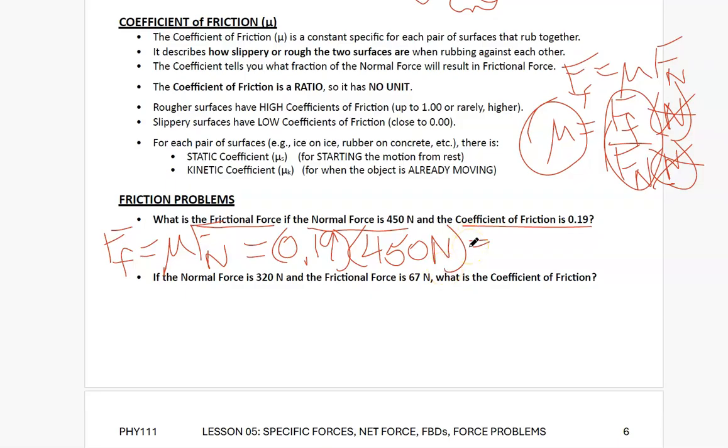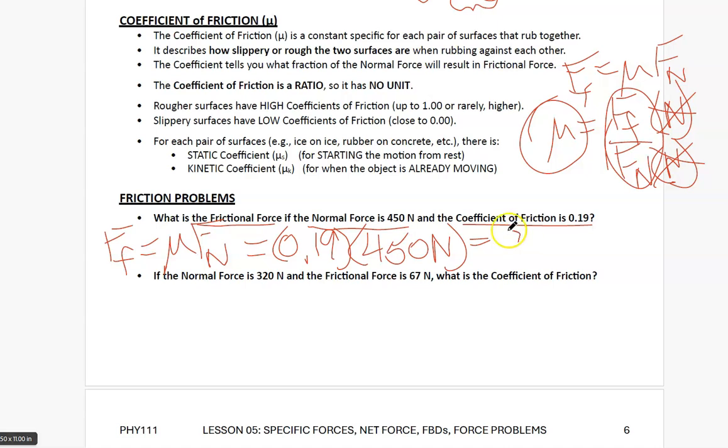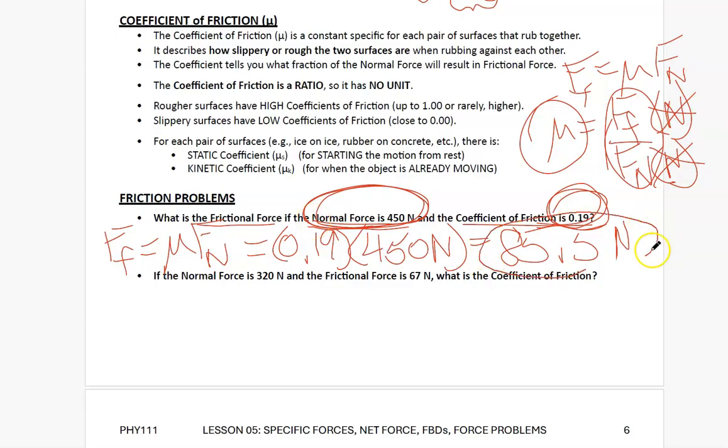You'll notice the only unit in this problem is the newtons. We plug this into a calculator, and we find that the frictional force is 85.5 newtons. It's generally going to be significantly less than the original normal force, and it is. It is 19% of the normal force, which is 85.5 newtons.